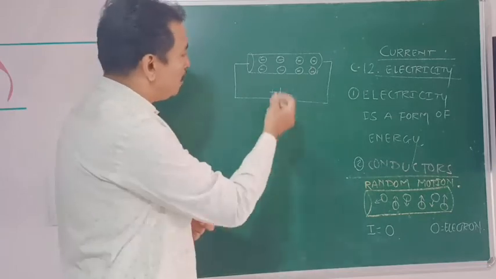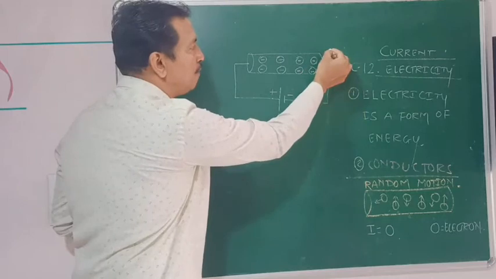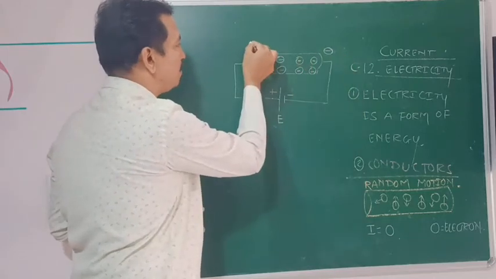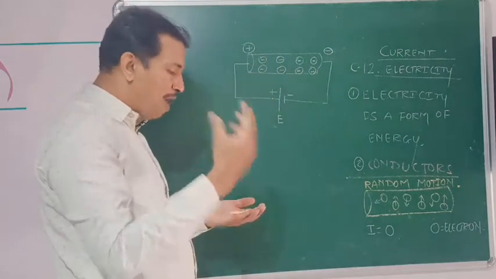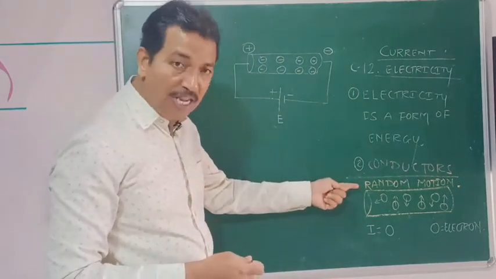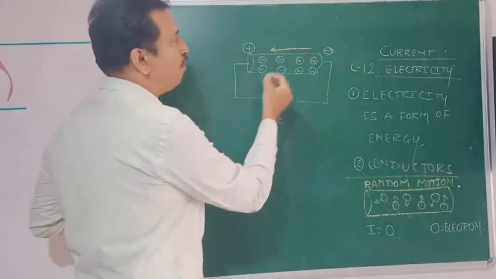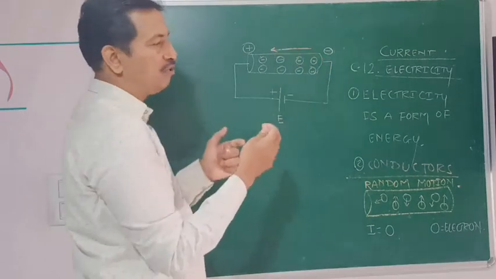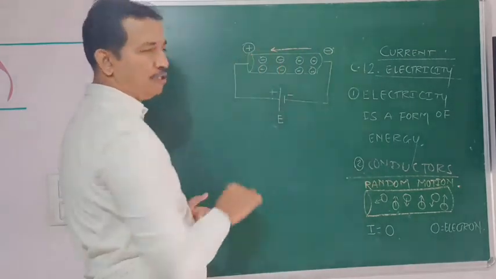Now negative will repel, so they repel and flow from negative to positive. Now this flow of electrons is one way. Here it is random motion and here it is one way. So this one way flow of electrons is from the negative terminal to the positive terminal.